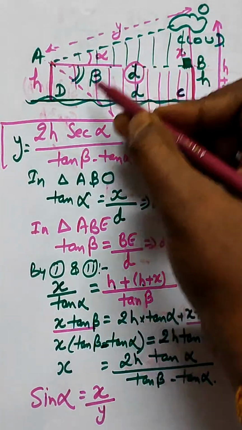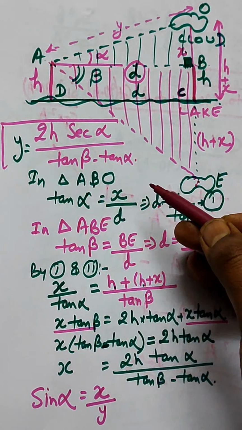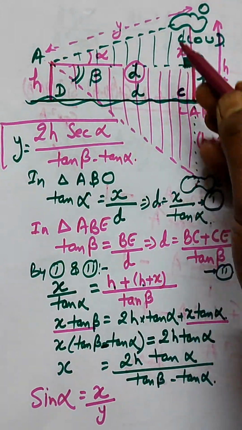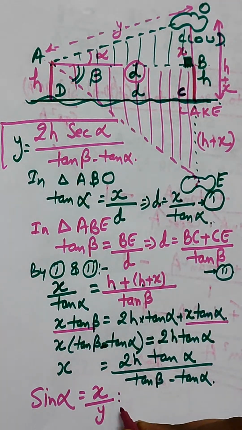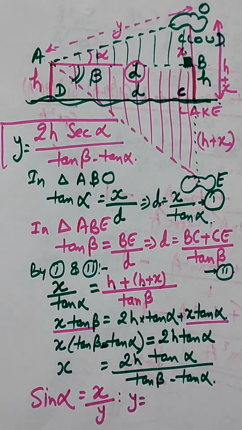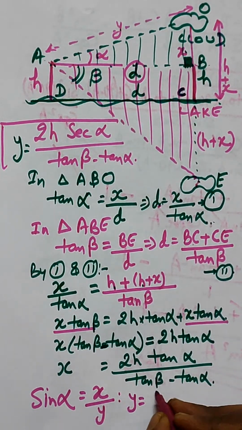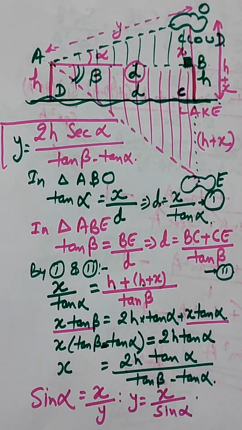Y is the same thing which we are going to derive, that is the distance of the cloud from the point of observation. So this is Y. So from here we are getting y as x by sine alpha, right? X by sine alpha, isn't it?